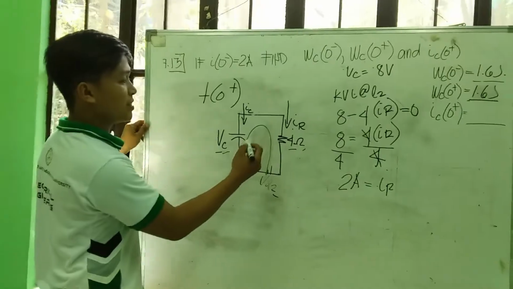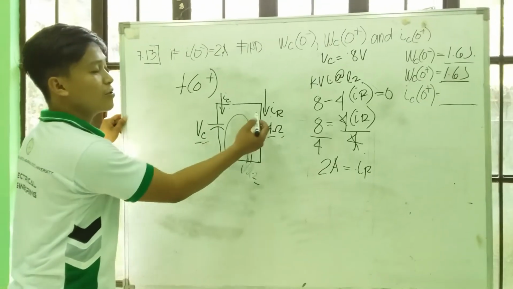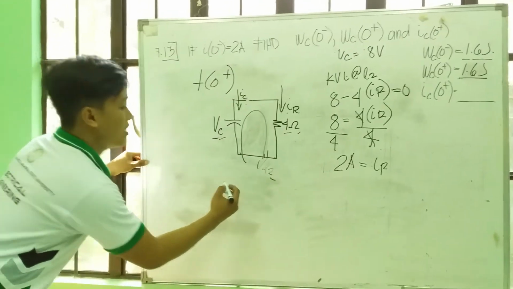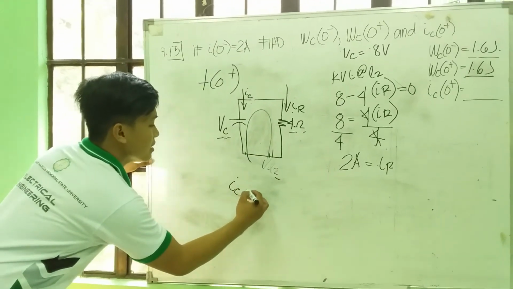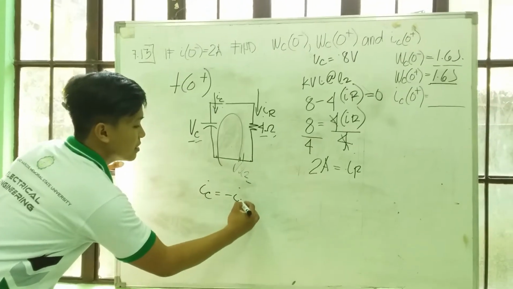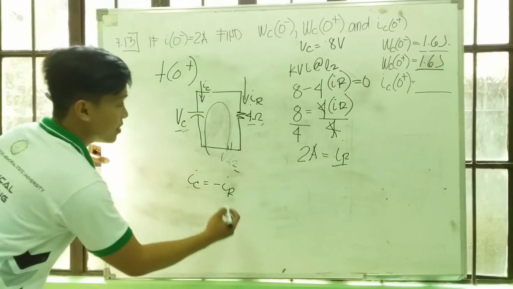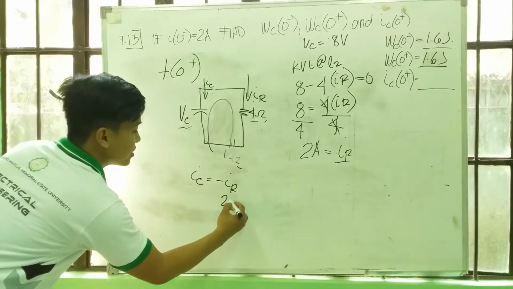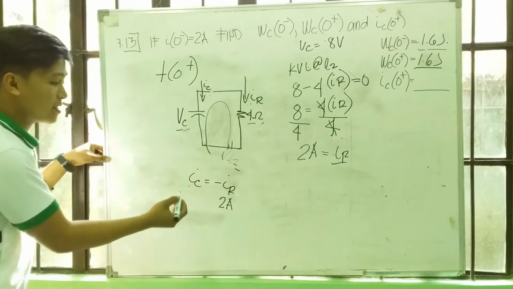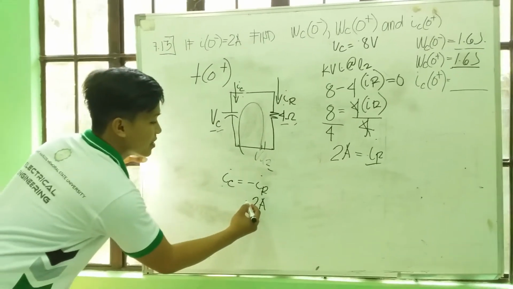We can now determine that IC equals the negative of IR because they are in opposite directions. Now, IC equals negative IR. We got the value of IR a while ago: IR equals 2 amperes. It is said that IC equals the negative value of IR, so we put the negative sign.